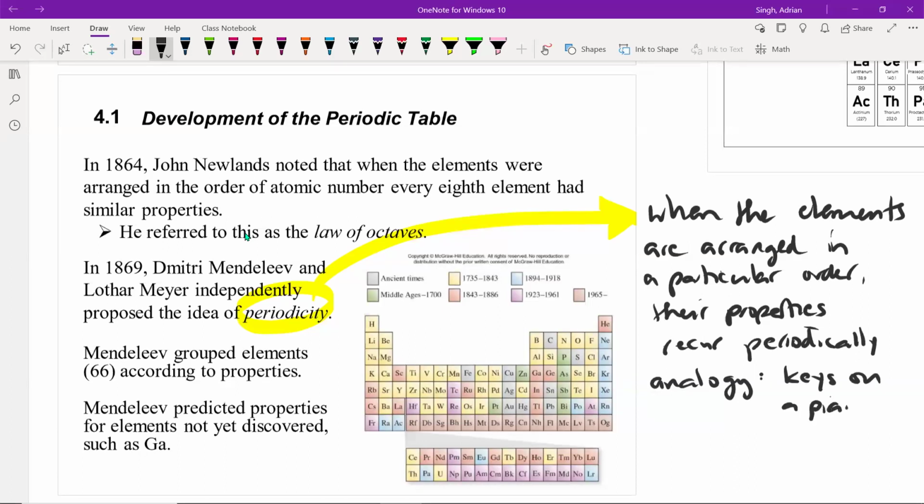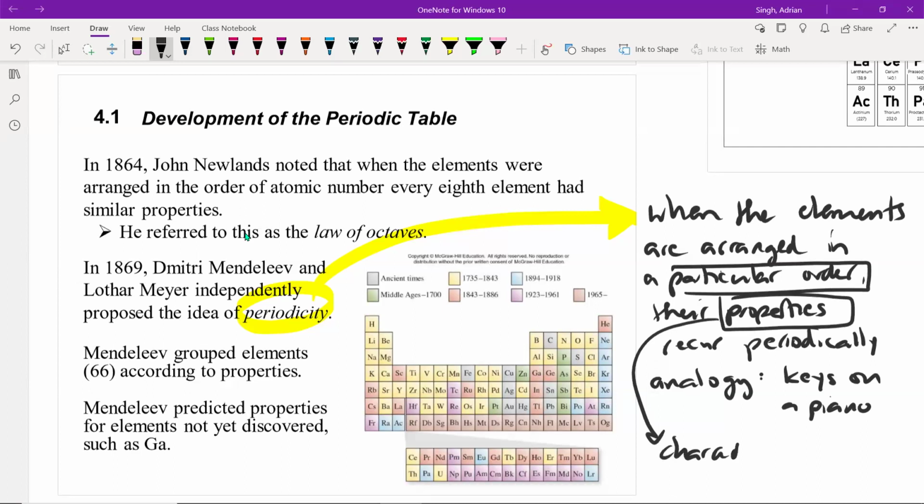The notes repeat themselves every so often in a periodic pattern. It's the same kind of idea with the elements: when they are arranged in a particular order, their properties, or characteristics, remember, properties is just another word for characteristics, occur or recur in a periodic, predictable, or repeating pattern.